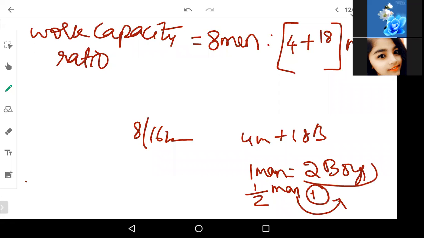Two boys are doing one man's work. So 18 divided by 2. We have 18 boys, so if you divide that by 2, that will give you the men count. Did you understand this part? Is it clear?